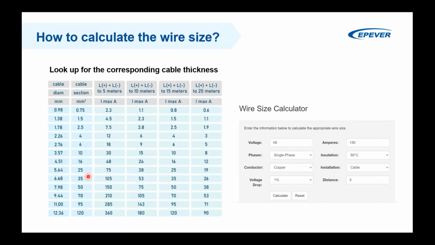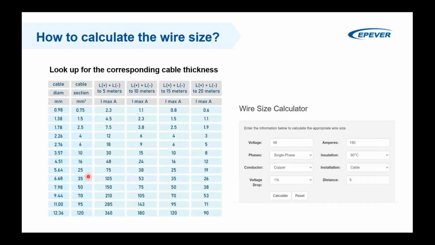And for the AC, it's also good, but there is a problem with using a thicker cable on the AC side, or AC cables, and that is when you use parallel inverters.